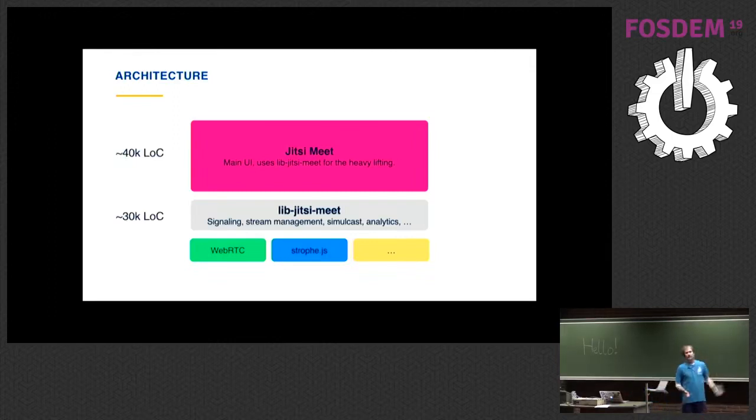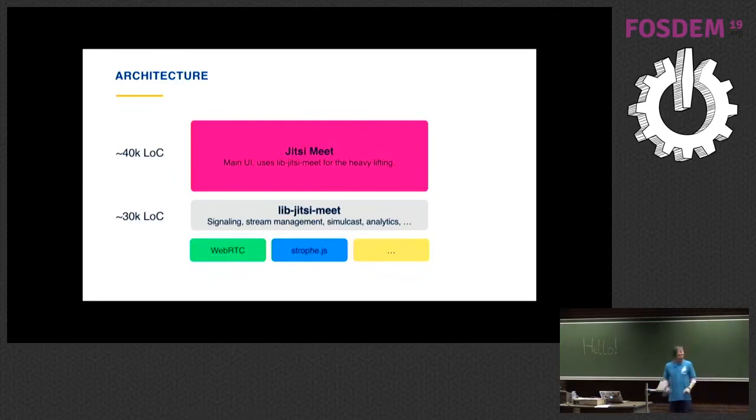Then we have lib-jitsi-meet, which is our low-level library, but this low-level library takes care of all the signaling, stream management, letting you know if a participant joined or left, statistics, audio levels, analytics; everything is integrated there. So the application doesn't use the WebRTC APIs because they are abstracted by our layer there.